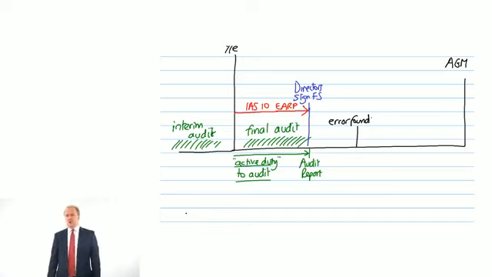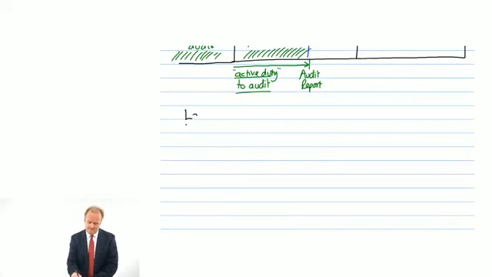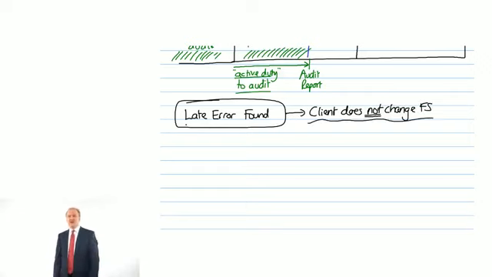Let's first, though, have a look at what happens if they don't change the financial statements. Well, if they don't change the financial statements, we have got ourselves a problem.